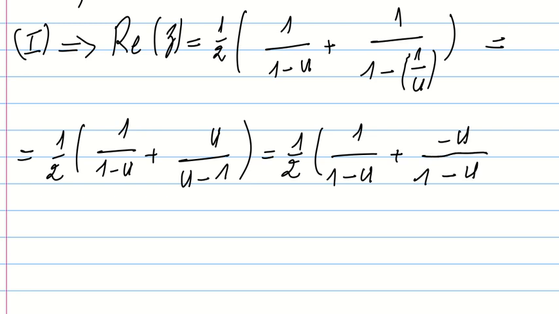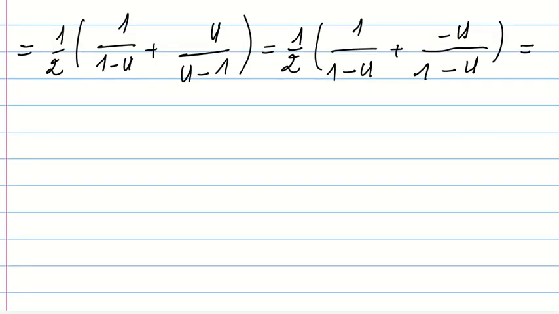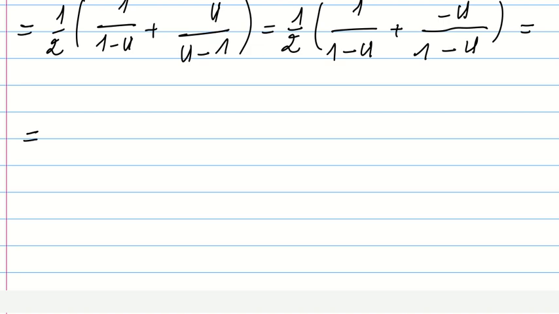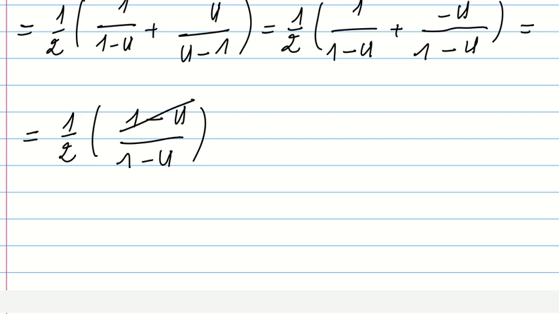So here we have multiplied by minus 1 the numerator and denominator, which is equal to half of 1 minus u over 1 minus u, and we can simplify 1 minus u with 1 minus u, which is equal to 1 half.